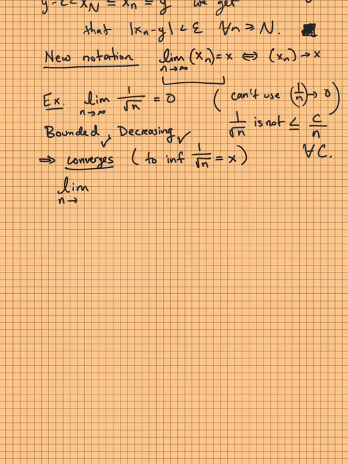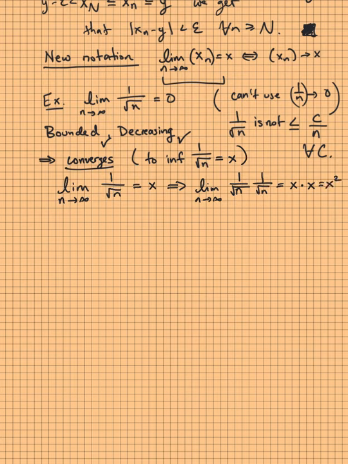So we know the limit as n goes to infinity of 1 over square root of n is equal to x. Well, this implies that the limit as n goes to infinity of 1 over square root of n times 1 over square root of n goes to x times x, right?